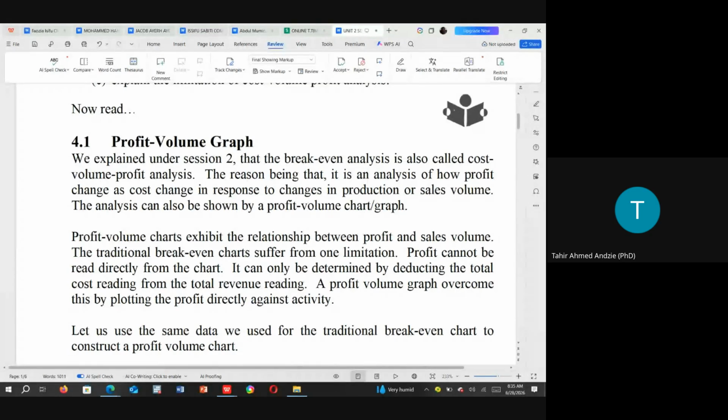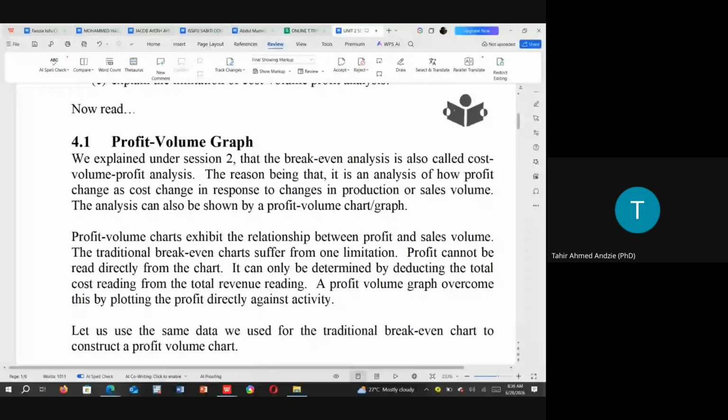But the profit volume chart exhibits the relationship between profit and sales volume. The traditional break-even charts that we did suffer from one limitation. The limitation from the break-even chart we just did is that profit cannot be read directly from the chart.